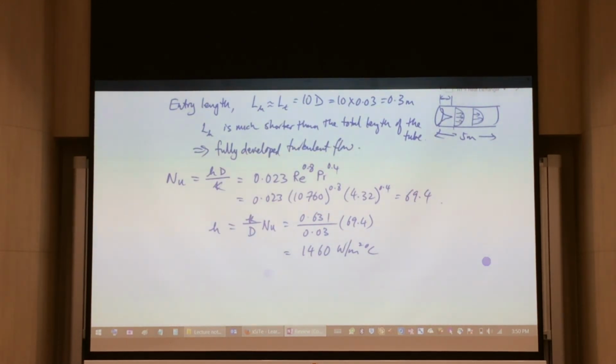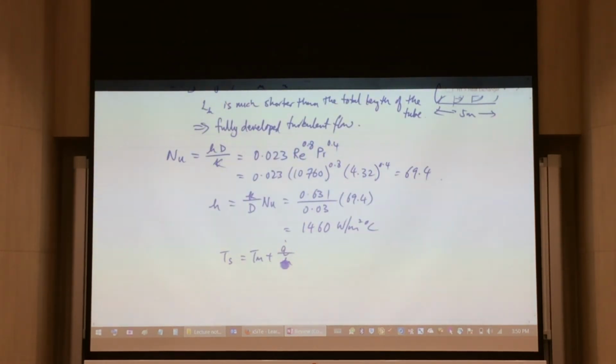So just now we saw that Ts can be expressed as Tm plus Q dot divided by h. It was the h that was missing, so now we have calculated that. We can put it in. Tm here, 65 degrees Celsius. So the Tm there, I'm going to assume it as your exit temperature.